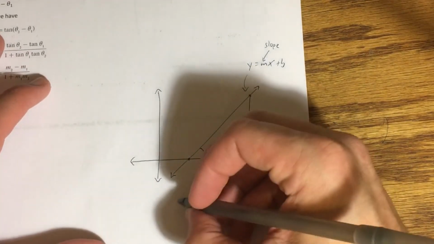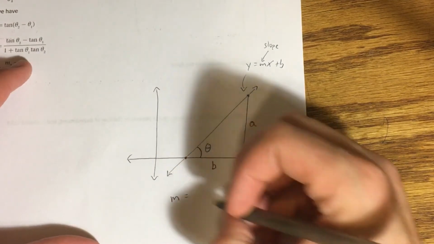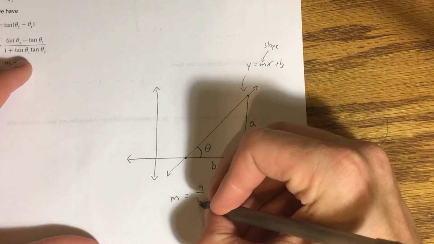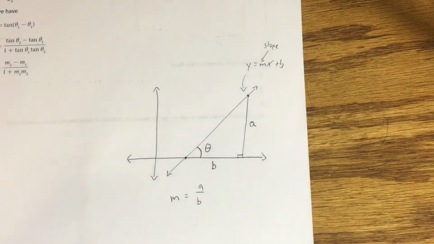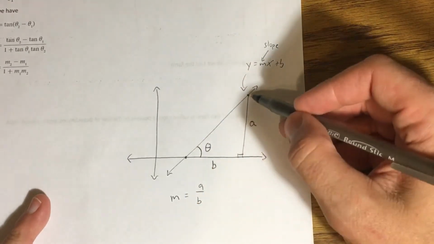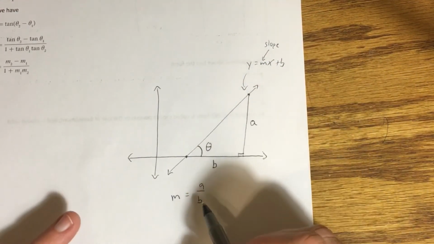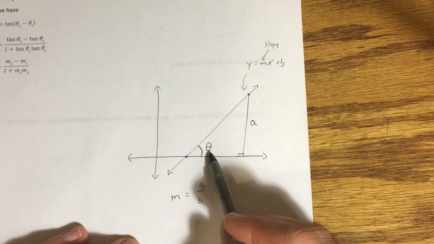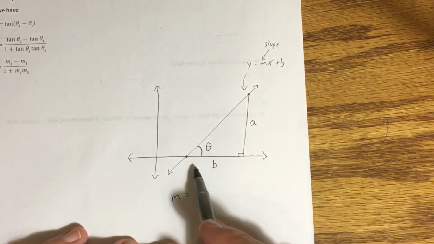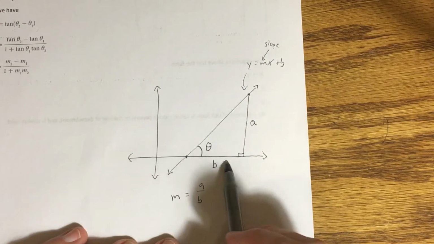So the slope, which is m in this line, is equal to rise over run, which would look like a over b, given how I labeled these sides here, okay? But if you notice, rise and run, if I think of those as actual line segments, together they form a right triangle right here. And what is the tangent of this angle theta that the line forms with that x-axis there?